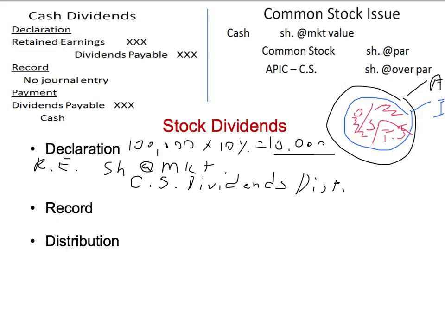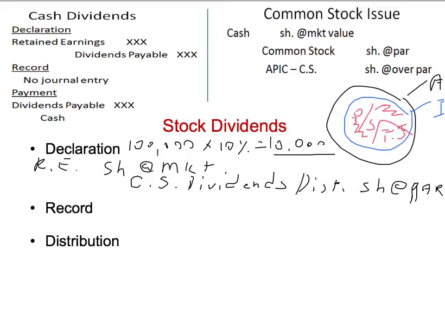At what value? Very similar to the common stock issue, you will take the number of shares and record them at par. You will have the difference the same way as you had the difference between the market and the par. There will be a difference between the market and the par value.